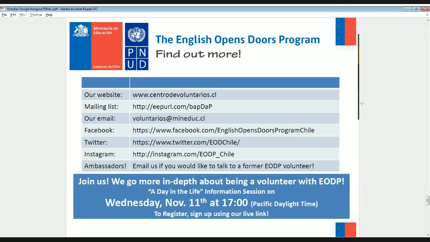We send more or less monthly updates, letting you know about the application process, changes and updates in the volunteer services, as well as keeping you informed about the various initiatives, both within the volunteer initiative and the English Open Doors program as a whole, so that our volunteers can feel like they're a part of the English Open Doors community. We also have our email available. We're on Facebook, Twitter, and Instagram.